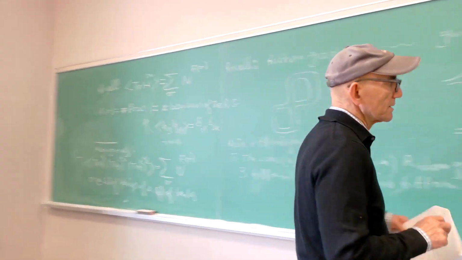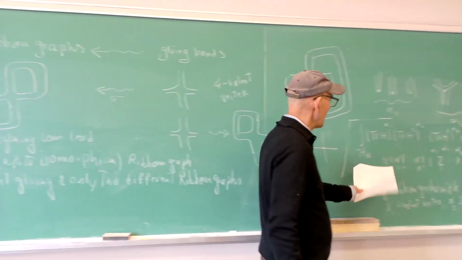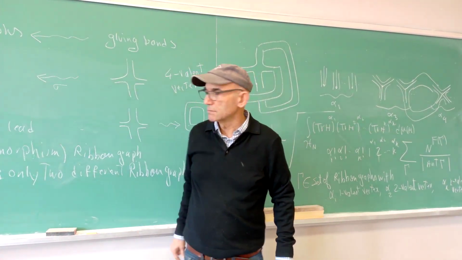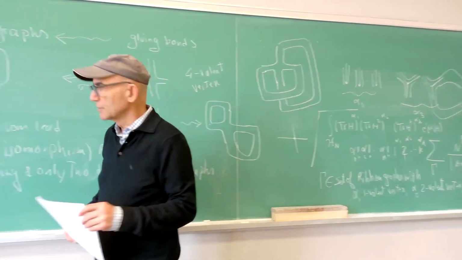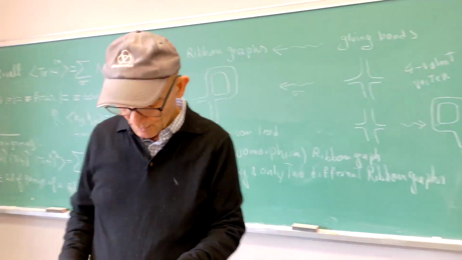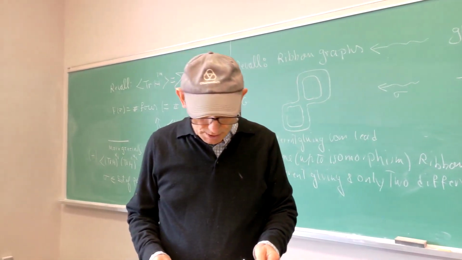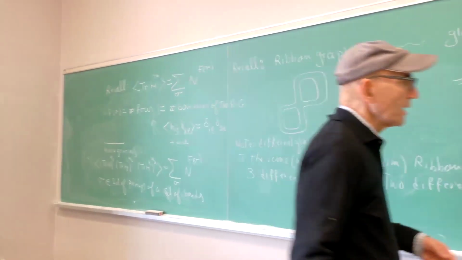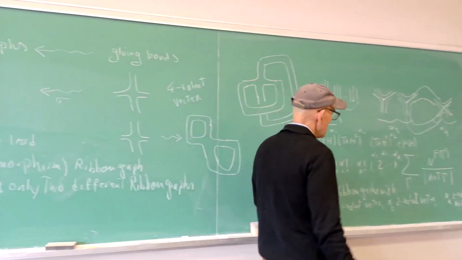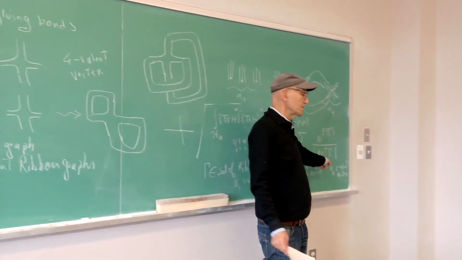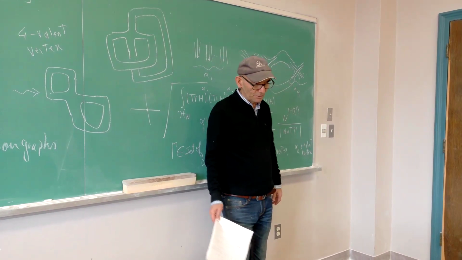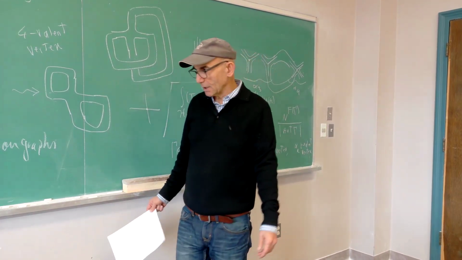So the proof is exactly the same as the previous one. Of course, the challenge with this is to compute the automorphism of these ribbon graphs. That could be tricky.